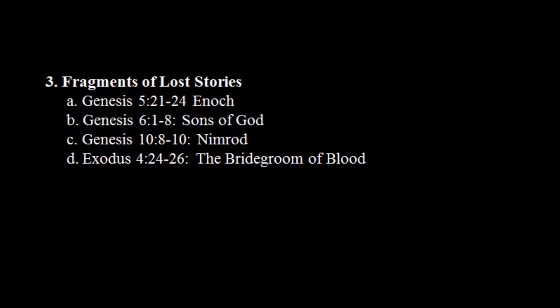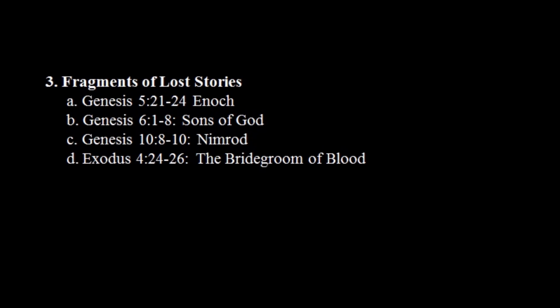You know, you have all those lists, so-and-so begat so-and-so, he begat so-and-so, and then when it comes to Enoch, it says, Enoch walked with God, and then he was no more because God took him. In other words, Enoch never dies. So there's later stuff about how Enoch is taken up to heaven, and he's turned into an archangel. So there was a story about Enoch who was carried off into heaven, and there was a whole mythological story about this guy, which we don't have, but the Torah kind of alludes to it.